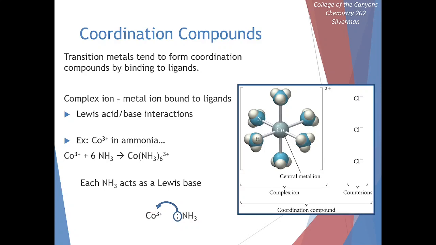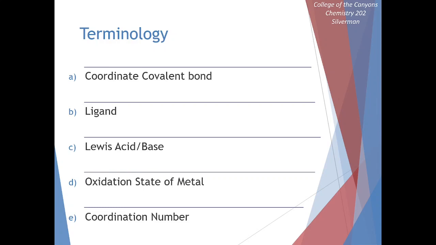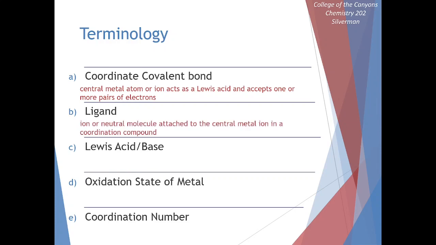All right, to understand these compounds, we'll need to introduce some terminology, so let's go to it. We can define a coordinate covalent bond as what we were just talking about. When we have our metal atom in the center, acting as that Lewis acid, accepting a pair of electrons to form that bond, this is a covalent bond where both electrons come from just one of our incoming species. We call this a ligand. The ion or molecule that donates the pair of electrons is our ligand.